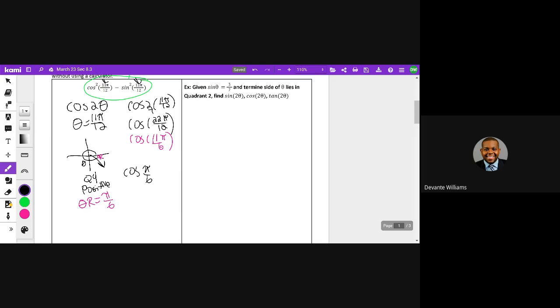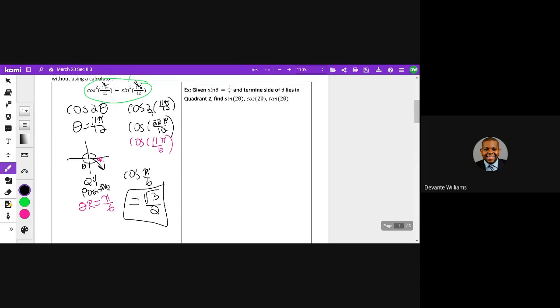Use your quick cheat sheet. The cosine of pi over 6 equals what? The square root of 3 over 2. That's our answer. So the cosine squared of 11 pi over 12 minus the sine squared of 11 pi over 12 equals the square root of 3 over 2. You can go ahead and stop, pause, rewind if you need to. Make sure you understand that problem.